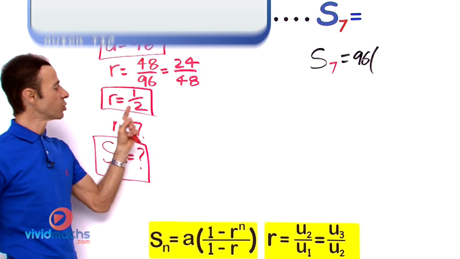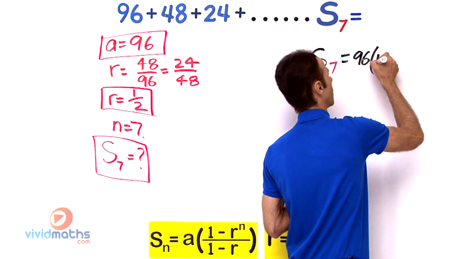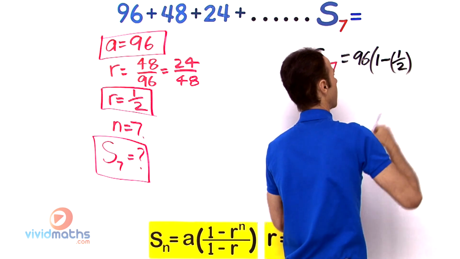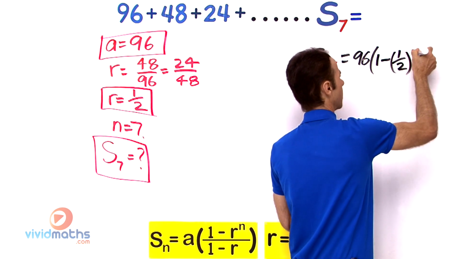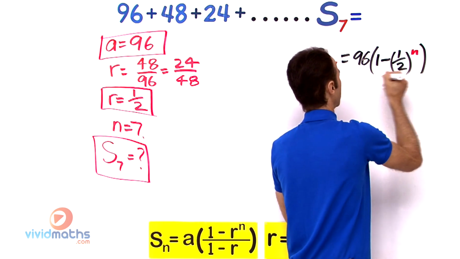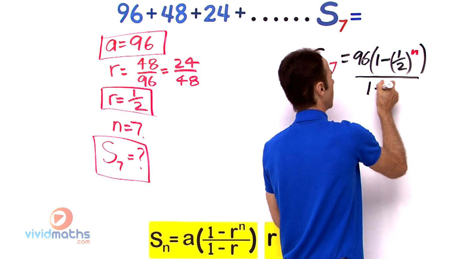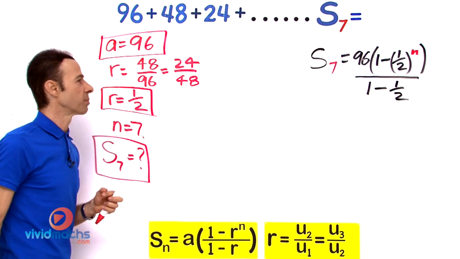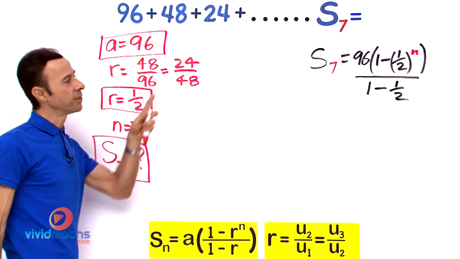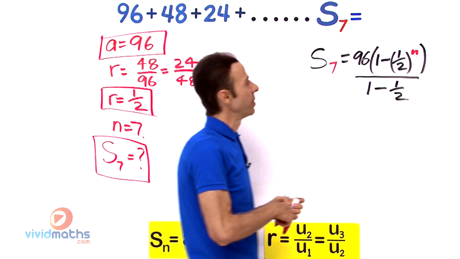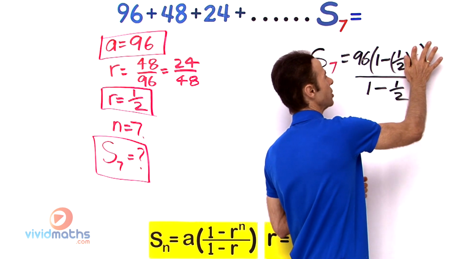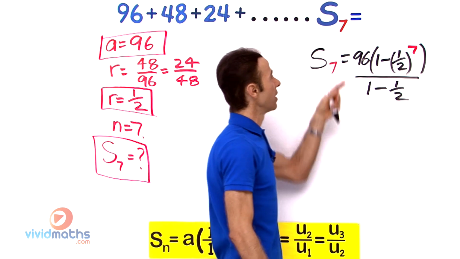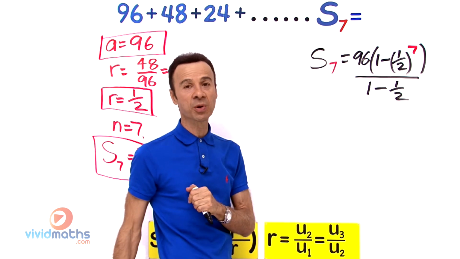So that'll be 1 minus, in brackets, 1/2 to the power of n, and close bracket, all over 1 minus 1/2. Okay, so we got that part over there. Now, I can fill in that n right now, because that's our n value, and that will be replaced with 7. There's our 7, our little subscript there.